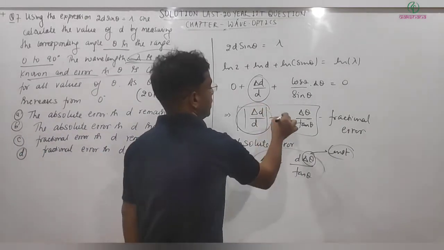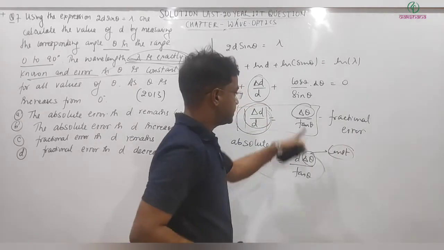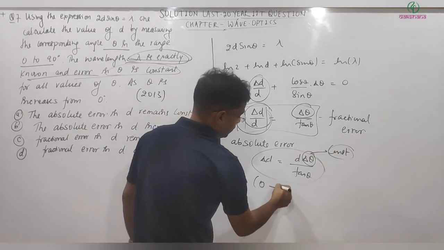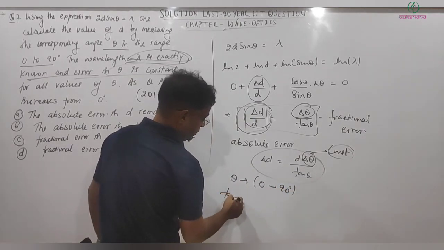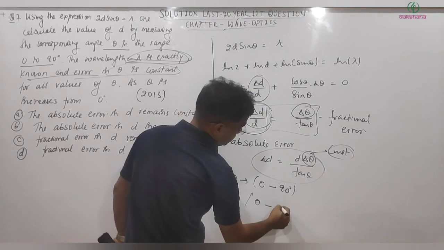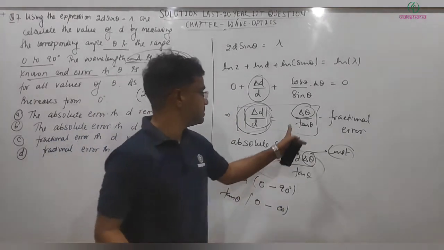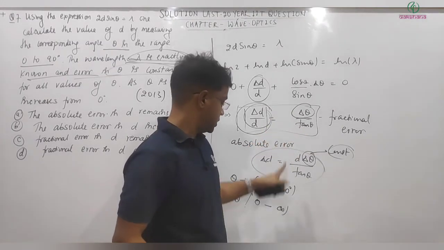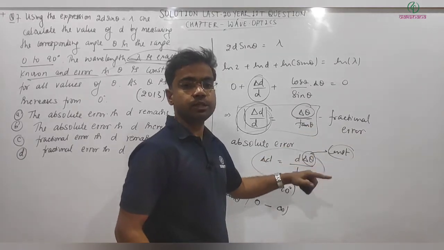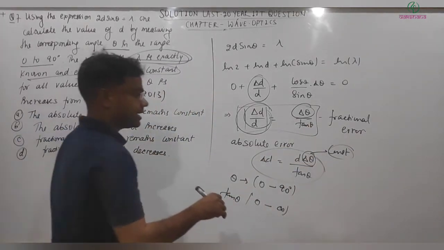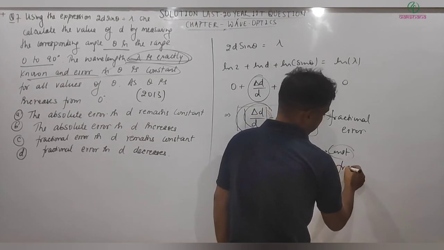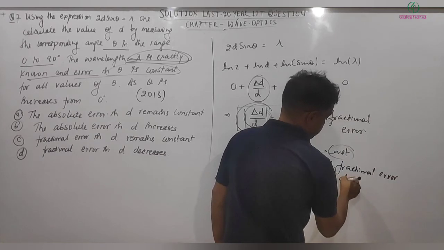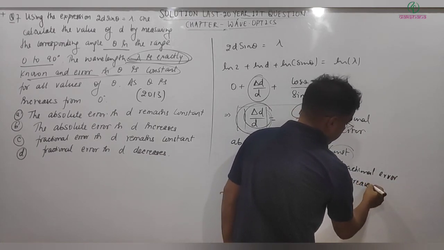So this is constant, this is fractional error which is inversely proportional to tan theta. As theta increases from 0 to 90 degree, tan theta will go from 0 to infinity. Clear? So tan theta increases means this fractional error, 1 upon infinite, will be 0. So fractional error decreases, right?